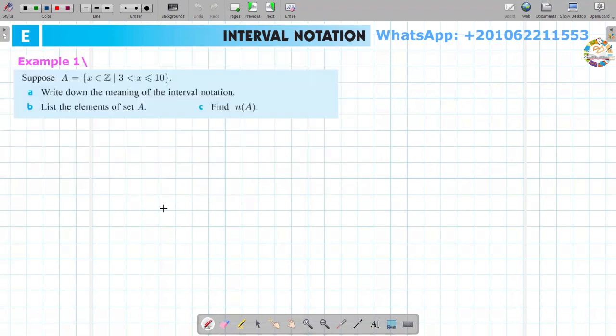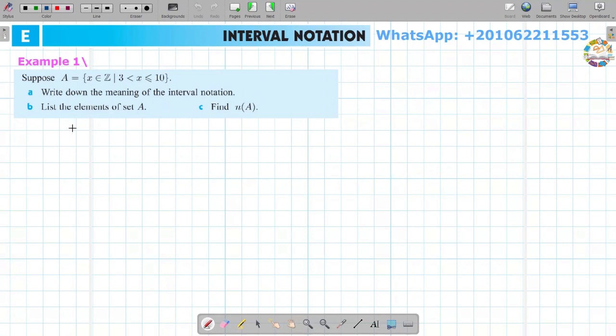Let's deal with this example. This is a critical one. Here we have x belonging to the integer set, while x is greater than 3 and smaller than or equal to 10. First of all, it says write down the meaning of the interval notation.